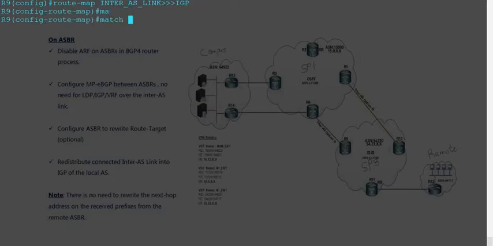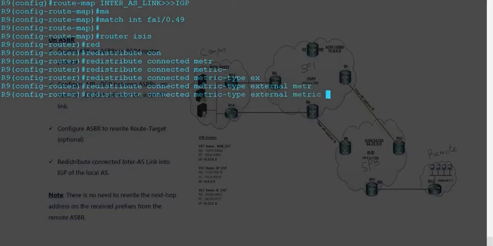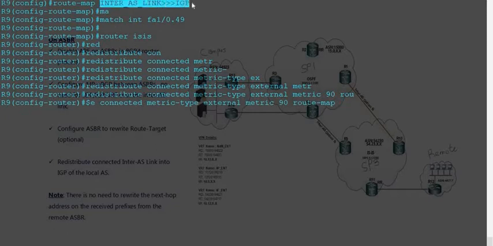And in order to prevent the distribution of unintended locally connected prefixes, we have to use the route map and match that interface. And we can call on this route map in the redistribution process as seen in this example. So we specify a metric of 90.